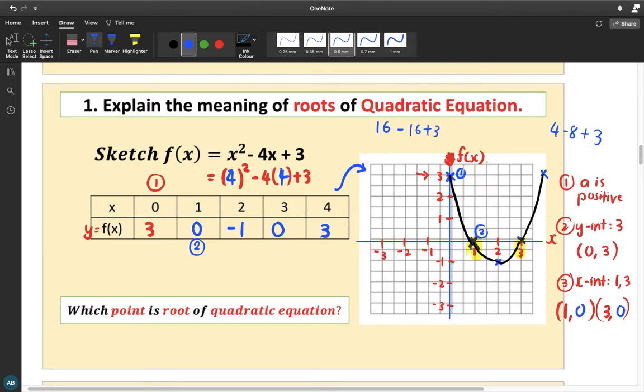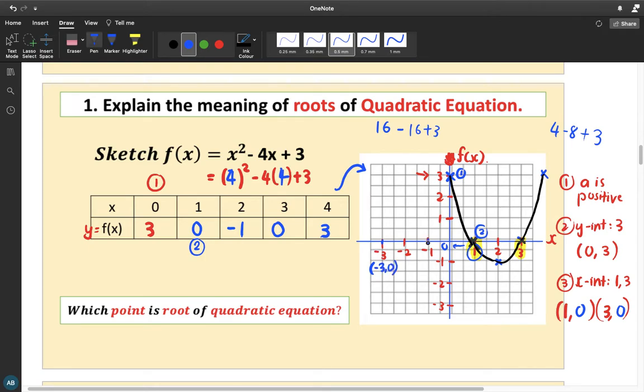Sebab apa? Sebab kalau kita tengok this point right here, this is y0 kan? So macam all x-intercept, okay, dia punya y adalah 0. So if I want to tulis this point right here in coordinates, it is actually -3, 0.